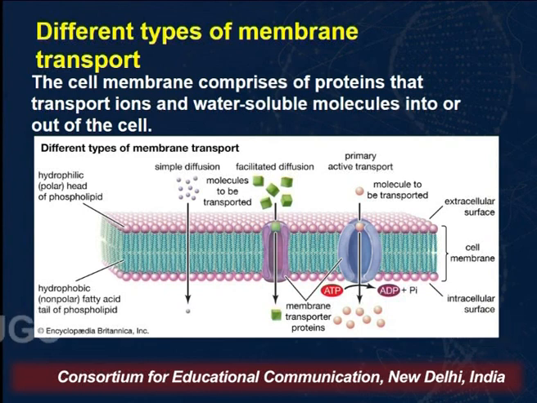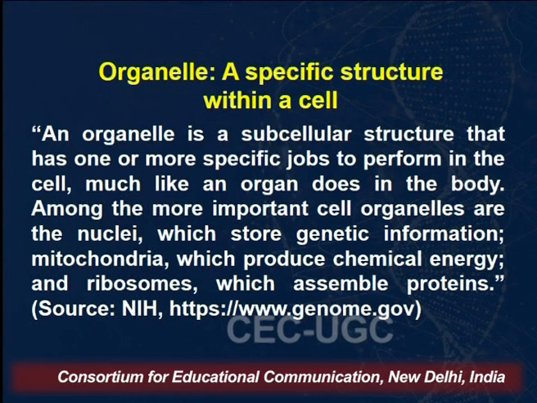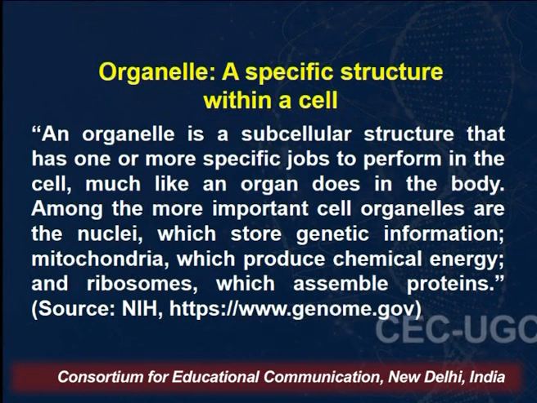This particular image shows the different types of membrane transport taking place across the membrane of the cells, and how one cell and another are interconnected and connect with one another. Now, within these cells there are specialized structures often referred to as organelles.